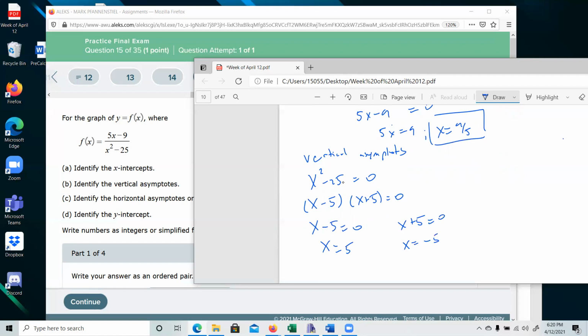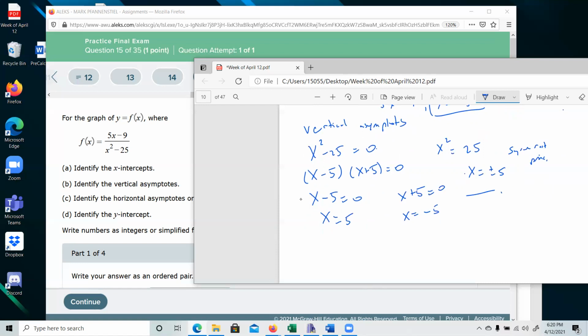But you could have put this on the other side and used the square root principle. That would have been fine as an answer. Either way, those are your steps. So vertical asymptotes: x equals 5, x equals negative 5.